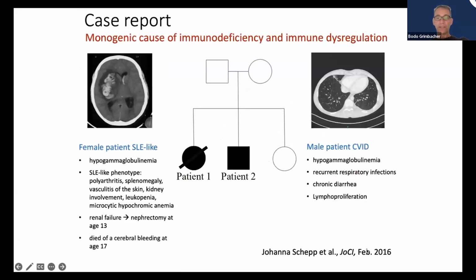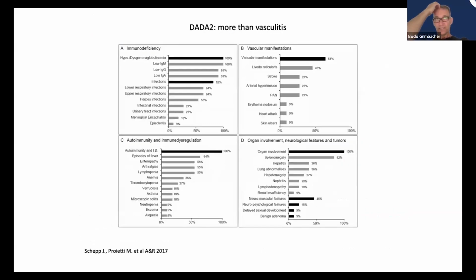Of course, when we did the phenotyping more thoroughly, we realized that the CVID patient had mild skin vasculitis at the lower legs, classified as livedo reticularis. So if we had communicated this feature of mild skin vasculitis earlier, we would have diagnosed him genetically much earlier, and that is really important because patients with ADA2 deficiency are at risk of developing cerebral strokes, and therefore they need to be treated, for instance, with anti-TNF treatment.